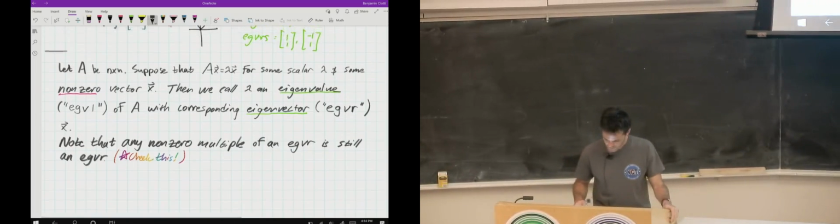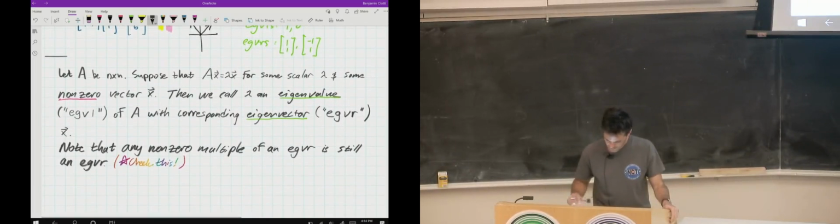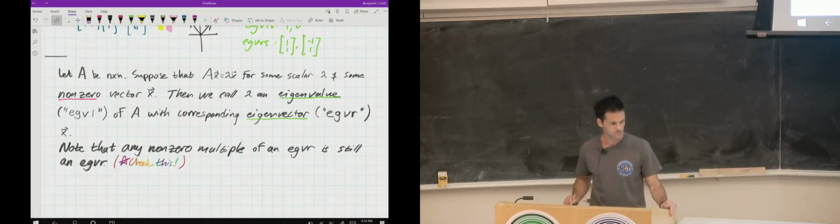Where it says note that non-zero multiples of an eigenvector. Oh, okay, yes. So if you multiply an eigenvector by some number, would the matrix that's changing it be affected by that number or no?